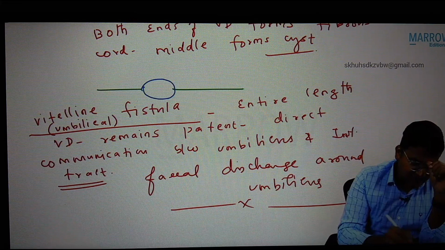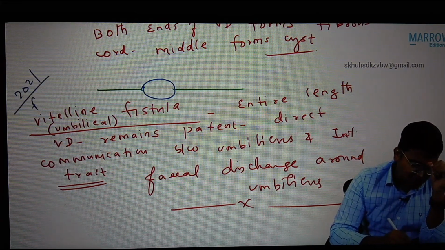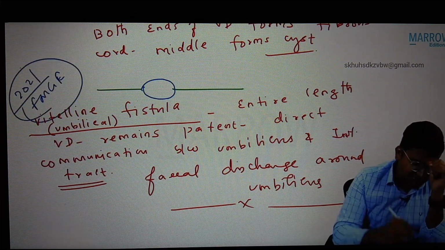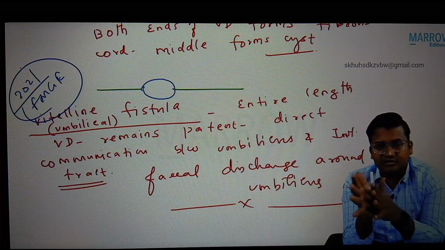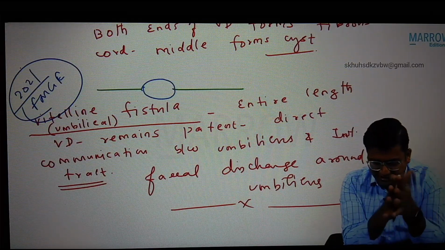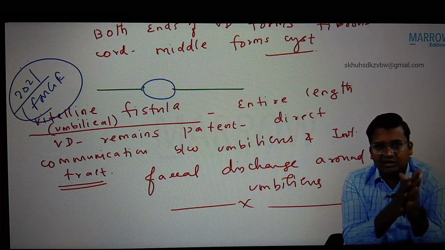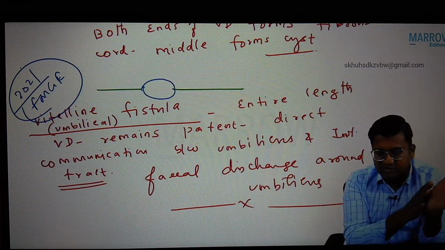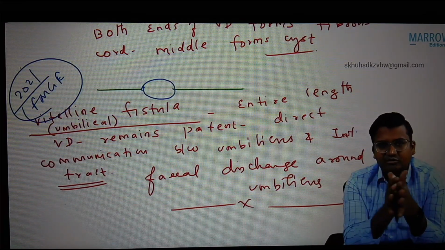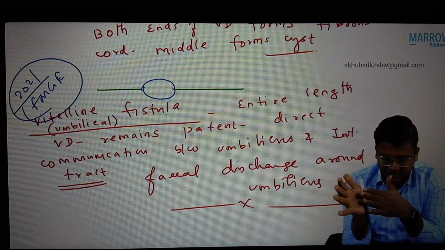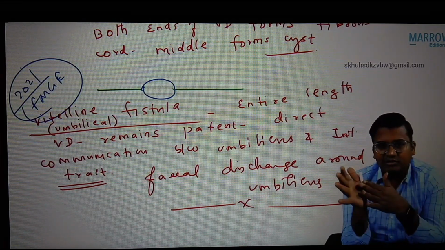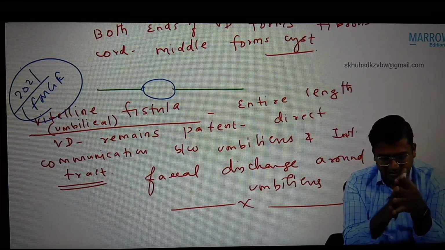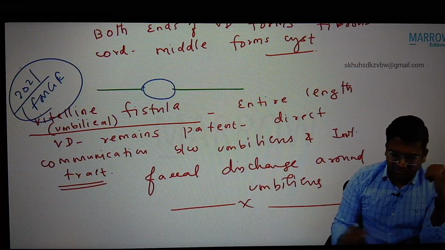This is a recent question they gave in the 2021 FMG exam. So again chances are there to ask in the INICET exam or the NEET exam. So vitelline fistula is nothing but the entire tube remains patent, and thereby we have a direct communication between the umbilicus and intestinal tract, and the baby will be passing the meconium around the umbilicus. Okay, right. That's all about the vitelline fistula.